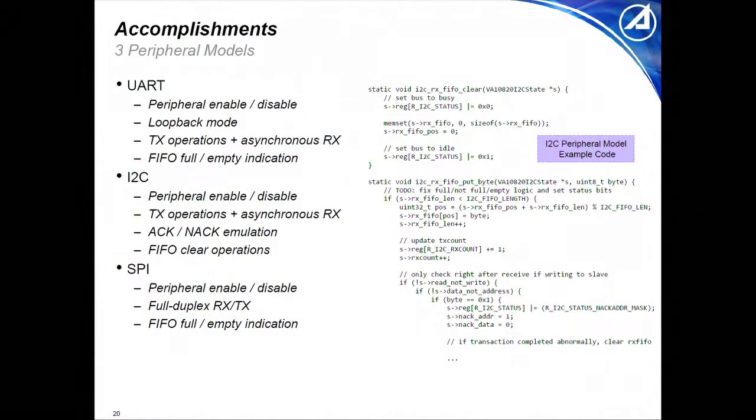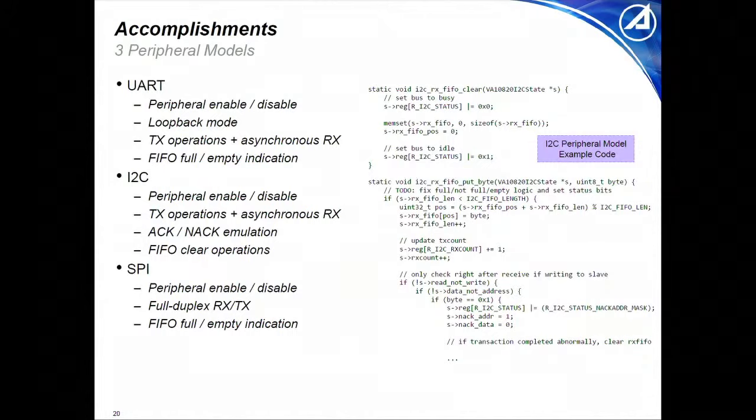We didn't have much time to fill it out, but we filled out what we needed to, which is enabling and disabling the peripherals, and allowing for the transmit and receive FIFOs to be filled and flushed from flight software. And that was for our UART peripheral, our I2C peripheral, and our SPI peripheral.